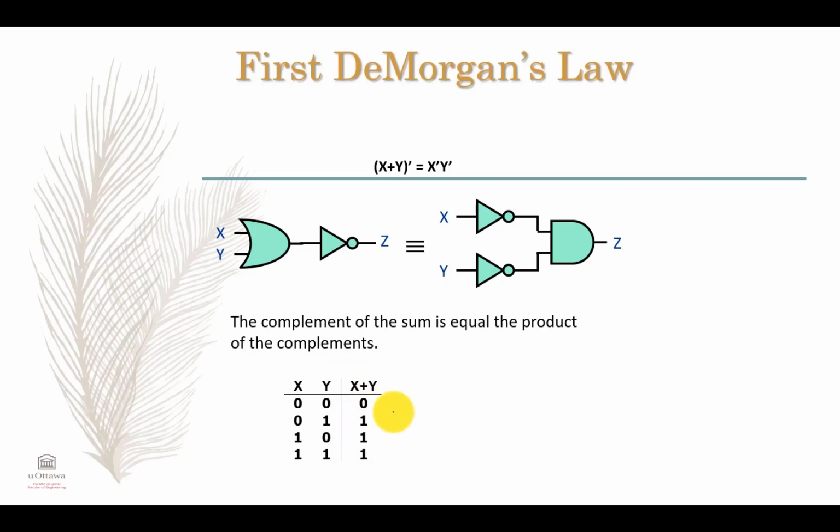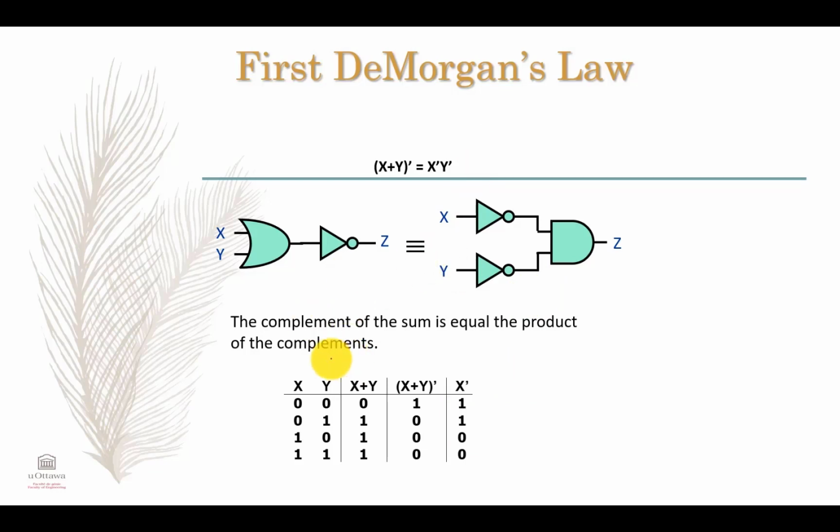Then I'm going to complement this by just inverting each value at each row. So 0 will become 1, 1 will become 0, 1 will become 0, and 1 will become 0. Now, if I do the same when it comes to computing the product of the complements and I get the same, that means that the DeMorgan law is proven.